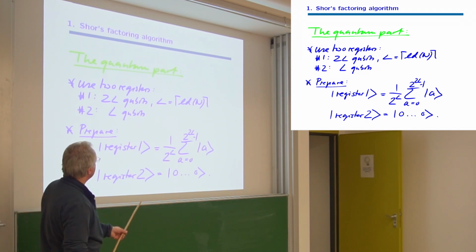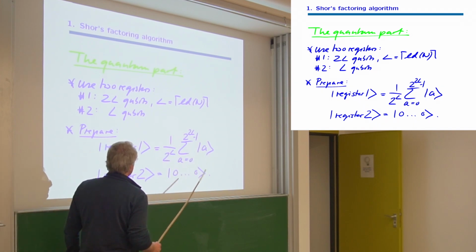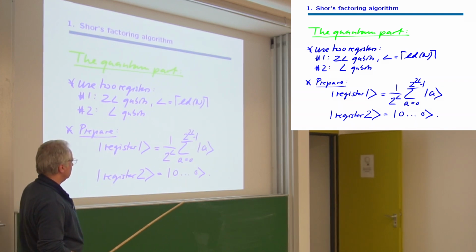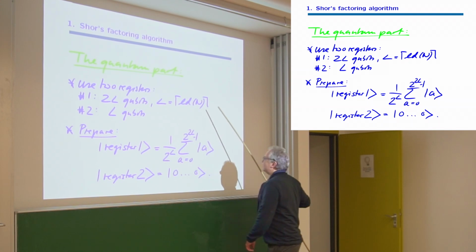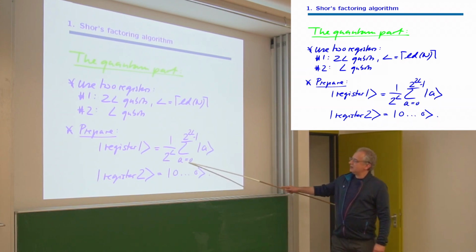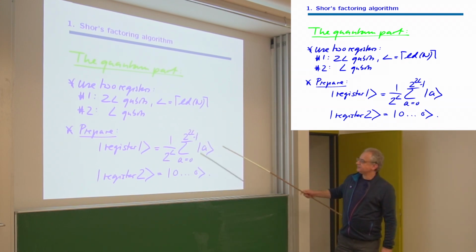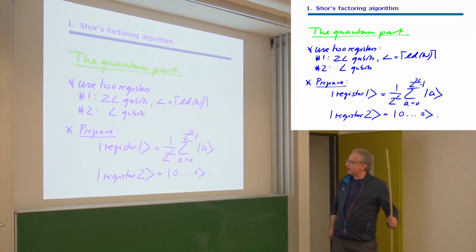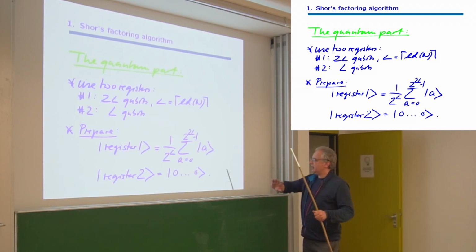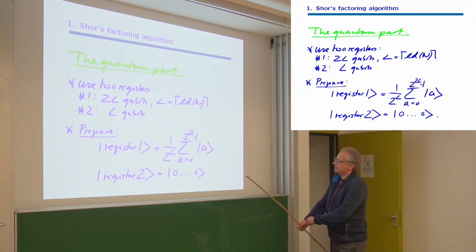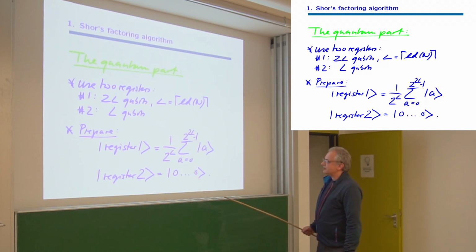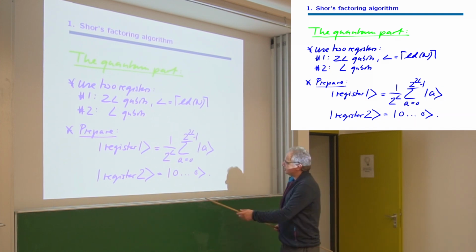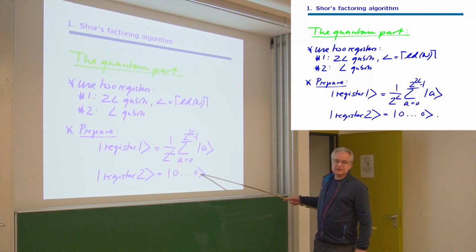And so now we are dealing with a tensor product of such states. Yeah? 2L qubits over here in this first register. So this is a number a that goes from 0 to 2 to the 2L minus 1. So that makes a superposition of 2 to the 2L components. Everything same amplitude, and this is the normalization factor. So this is how we prepare the first register. Second register, every qubit is prepared in the state 0.